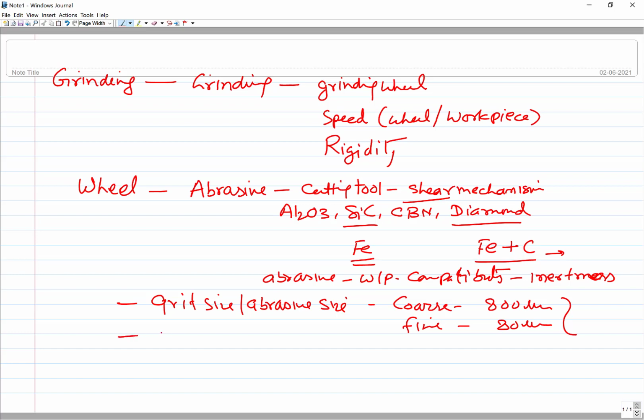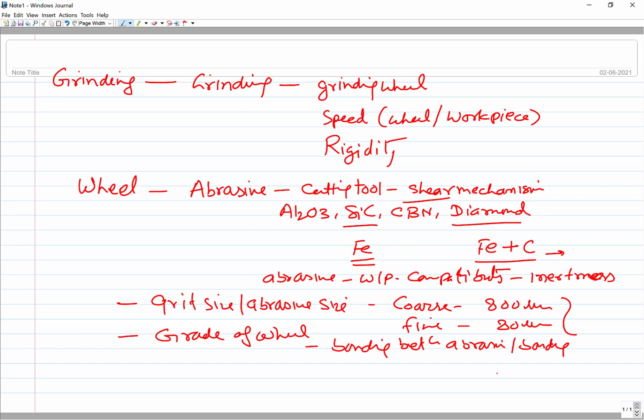Then the grade of the wheel. So what is the grade? Grade is about how firmly the bonding between the abrasive and the bonding material exists.